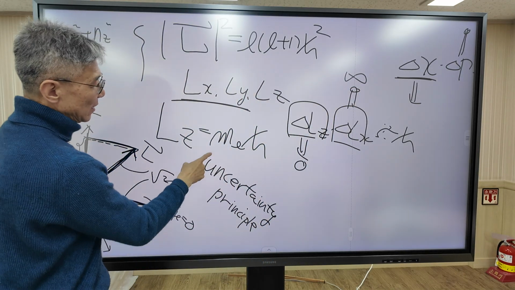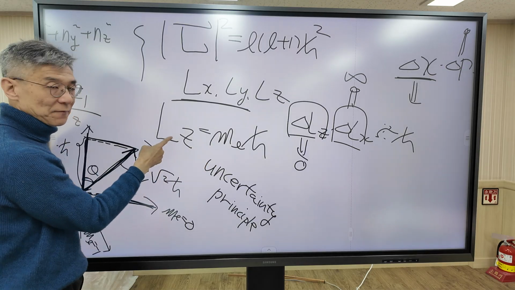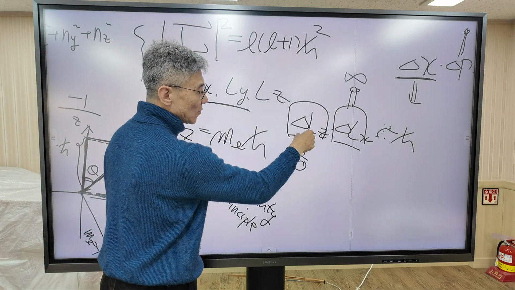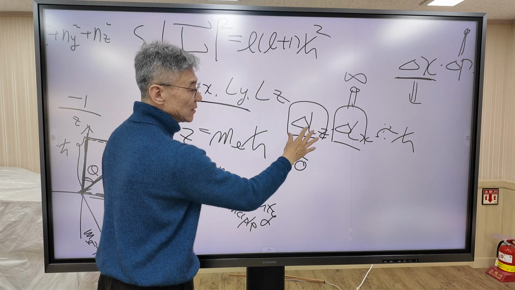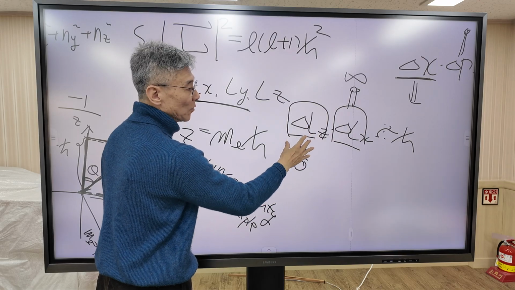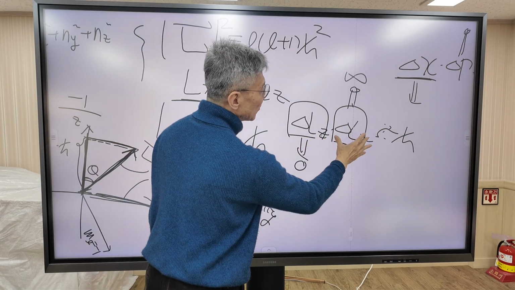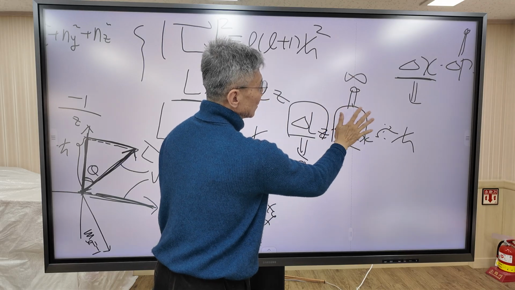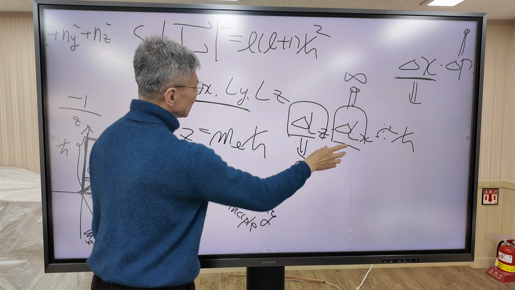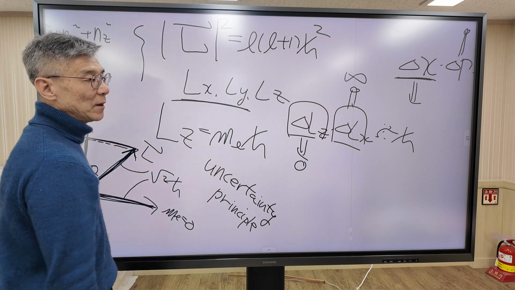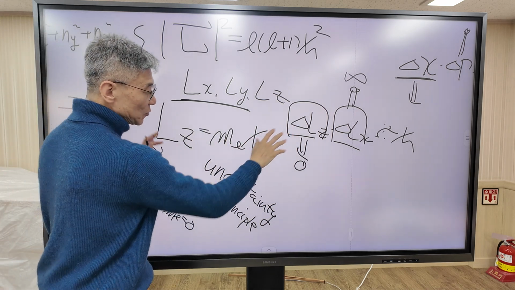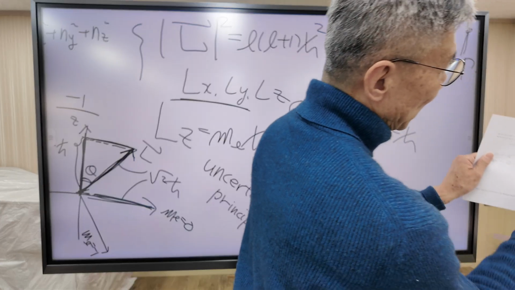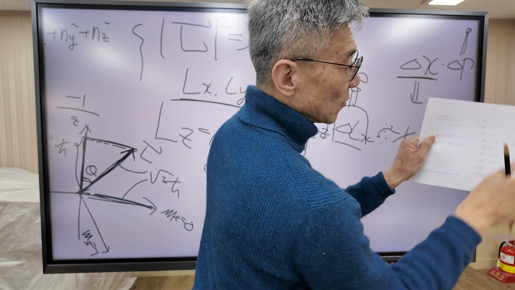In this case, ML is given, and L is defined precisely. So delta Lz goes to 0 because Lz is given. It is precisely known. So the uncertainty about Lx goes to infinity. So you don't know anything about Lx. A similar situation applies to Ly. To describe this situation, you can see the picture on the right, the colored cone.